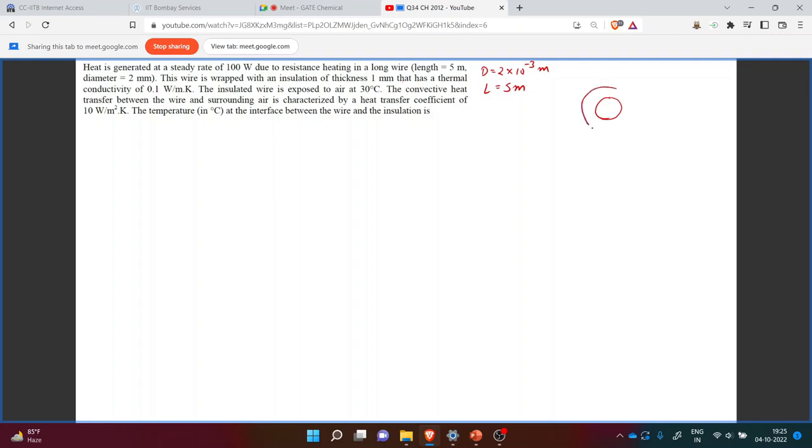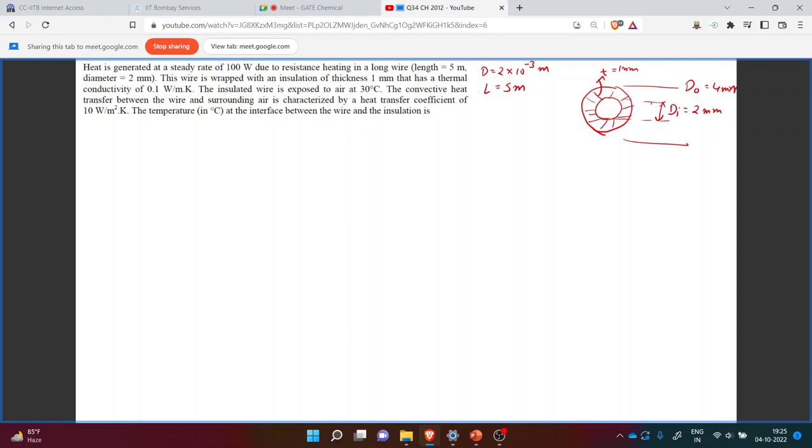So let's consider this as an insulation, and the thickness we have been given as 1 mm. That is, we can write this inner diameter is 2 mm, and outer diameter will become 4 mm.